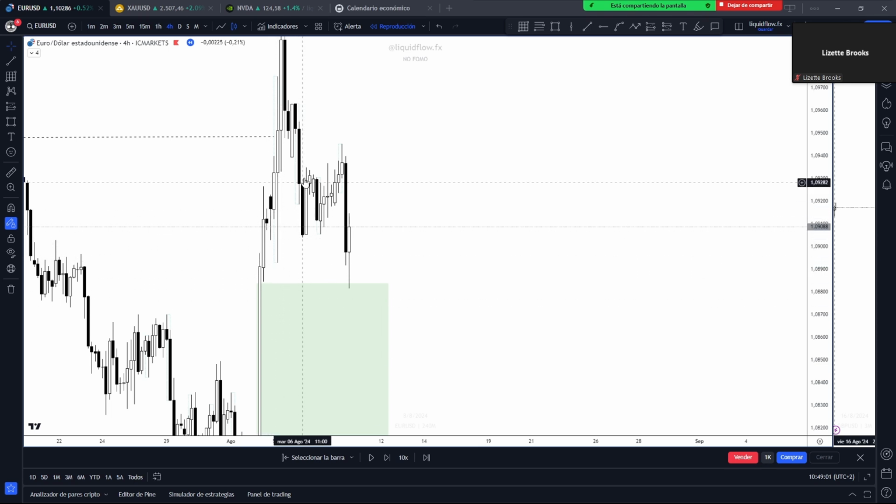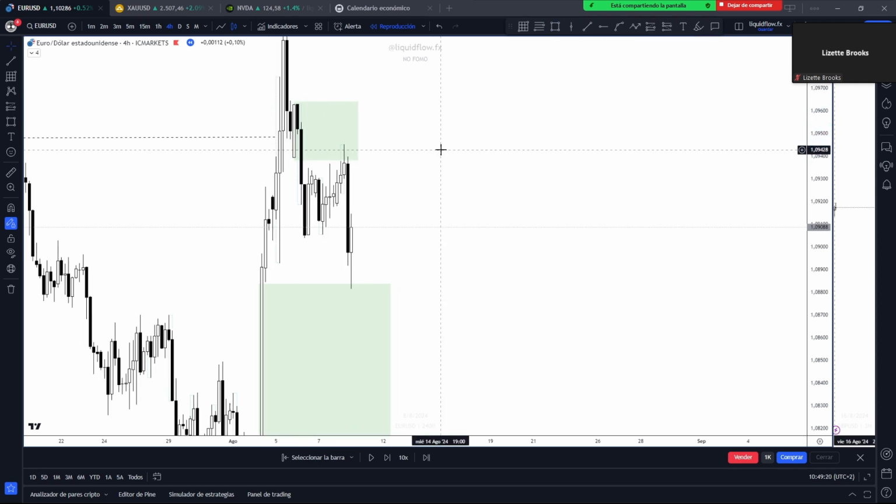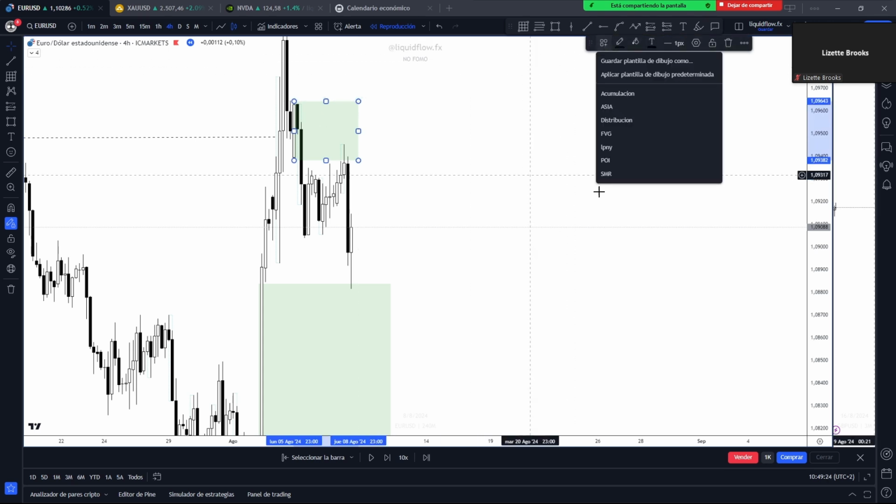We don't sweep down, go up, go down, equal lows, sweep here. Okay, don't go down, sweep here. Why? Look here, fair value gaps or propulsion block, as you want to say. It's the same. It's an order block again.